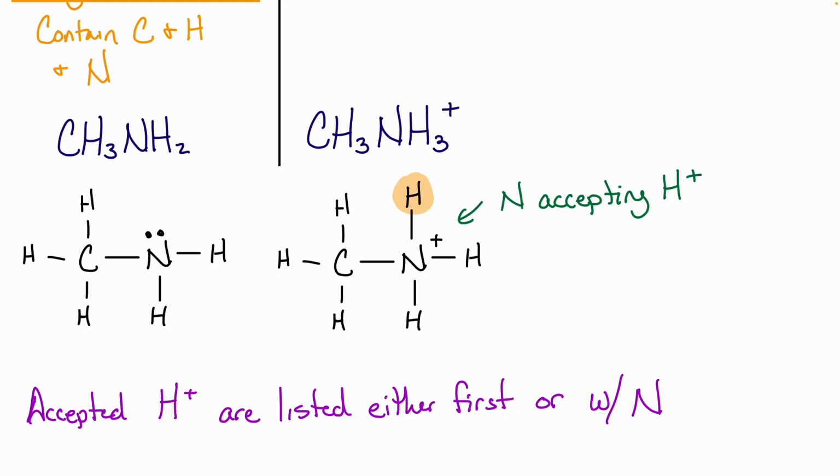Cool. Okay, so what we need to do is be able to predict an acid-base reaction, right? Given an acid and a base, what are the products? What are my conjugate acid and my conjugate base? Okay, so let's practice real quick. I'm going to put down an acid-base reaction here.